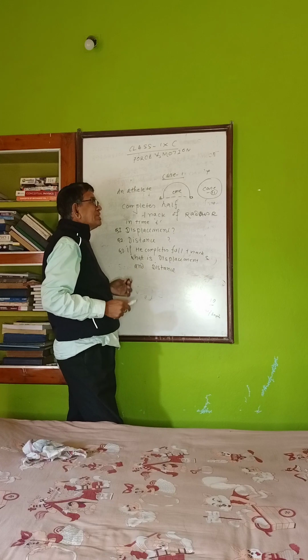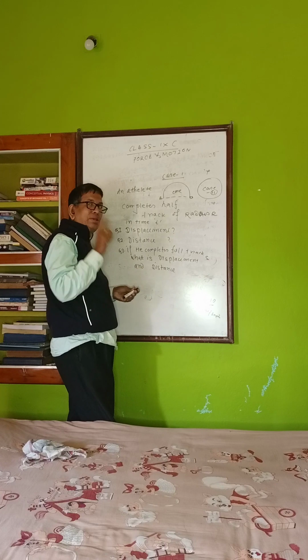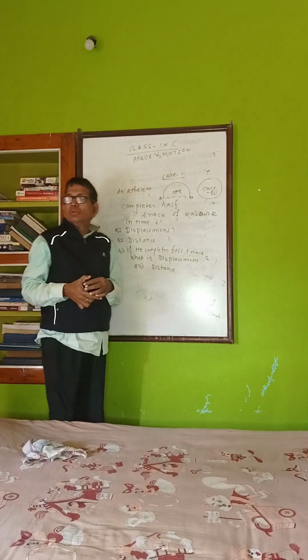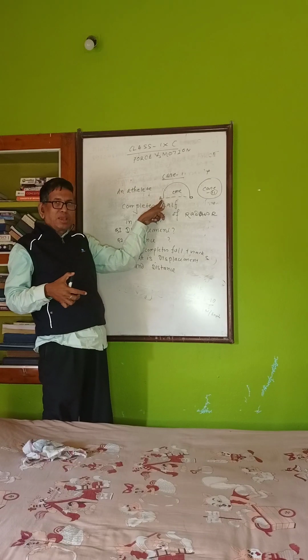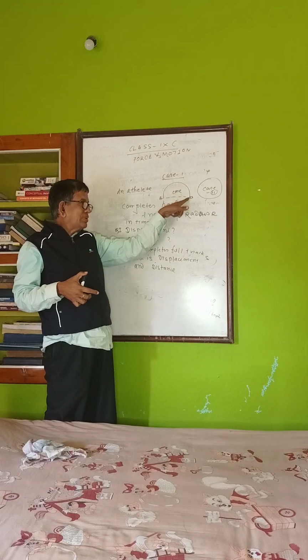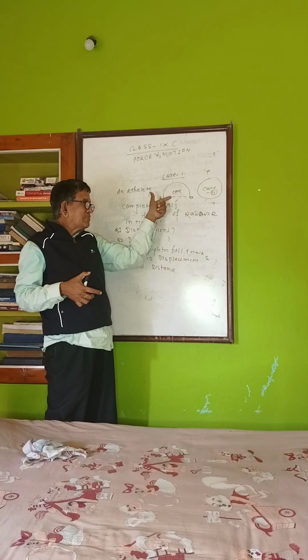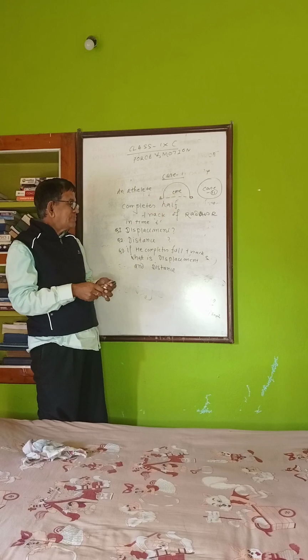Then what is the displacement? Already I have told you. When you consider displacement, the initial starting point is A, the final finishing point is B, and the shortest distance in a particular direction is AB.